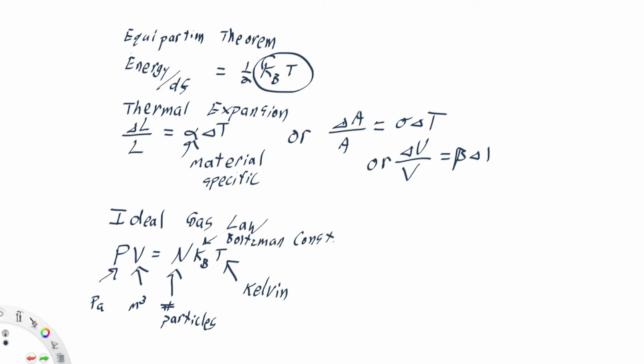The 1/3 came from there being 3 degrees of freedom. So you can move in the X, the Y, and the Z direction. On average, you will have the same amount of velocity in each direction. So 1/3 of your squared velocity will be in the X direction, 1/3 in the Y direction, 1/3 in the Z direction.